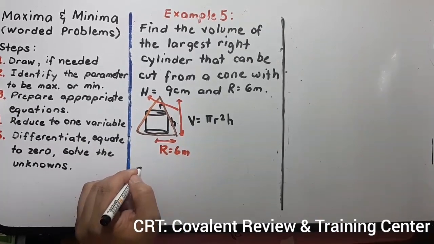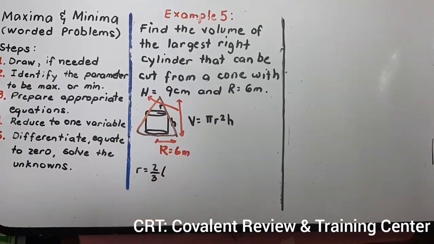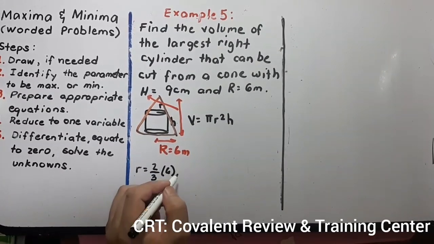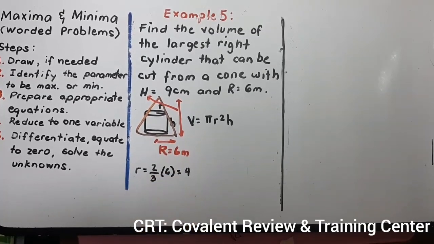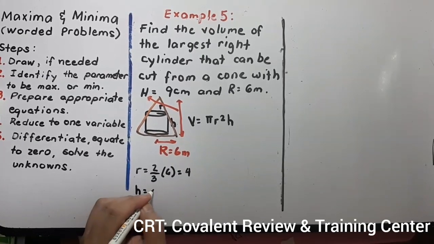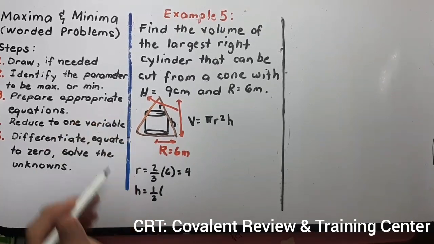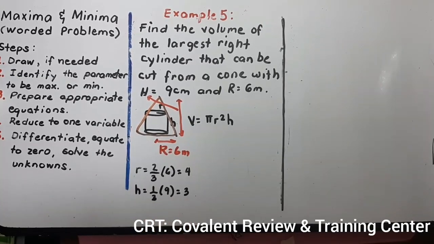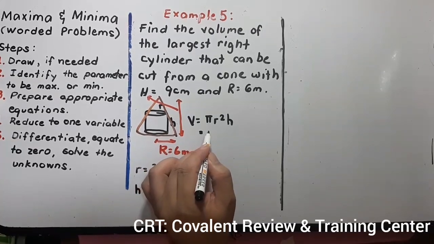From example number 4, the derived formula for the radius: the radius of the largest cylinder inside the cone is 2/3 of the radius of the cone, which is 6. So 2/3 of 6 is 4. Then the height of the cylinder is equivalent to 1/3 of the height of the cone, which is 9. So this is 3. Let us substitute r and h into the volume of the cylinder formula.